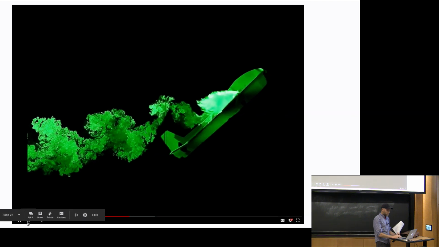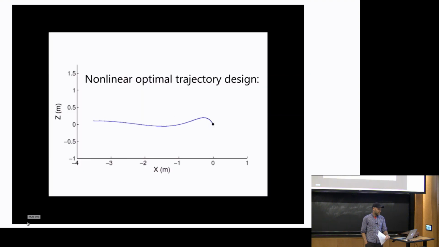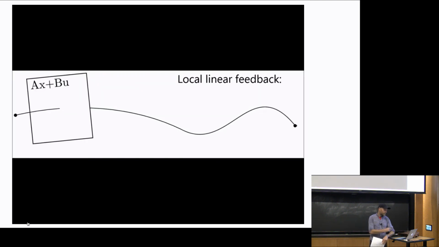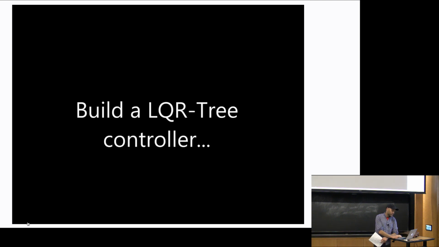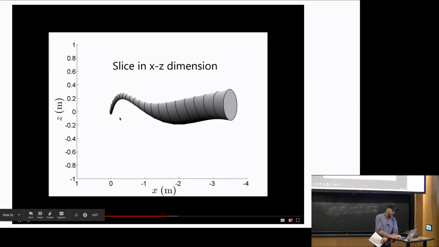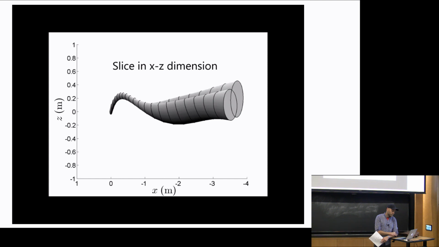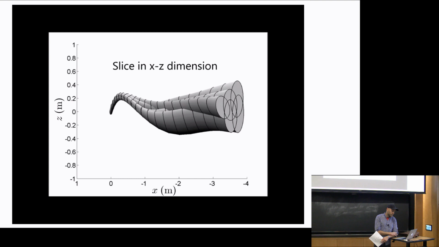Acting on the vehicle. Flow visualization reveals complex fluid flow behind the aircraft, which we model using time average static lift, drag, and moment coefficients. To design our controller, we first generate a nominal flight trajectory using nonlinear optimal control methods. We then stabilize this trajectory using time-varying linear feedback. Using recent results in semi-definite programming, we compute the region in state space for which this local controller is valid. To overcome the local nature of our feedback law, we increase the size of the initial condition set by combining multiple stabilized trajectories together and creating an LQR tree.